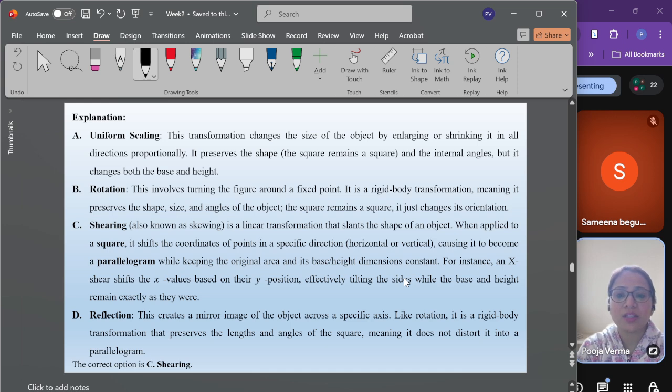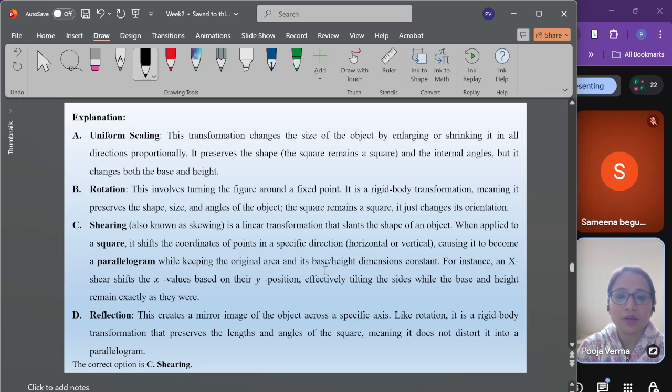Okay. So in shearing, it is also known as skewing. It is a linear transformation that distorts the shape of the object when we apply a shift to the coordinates of a point in a specific direction, either horizontally or vertically.